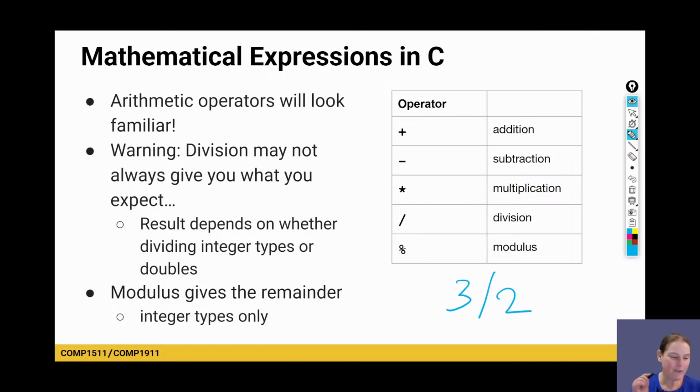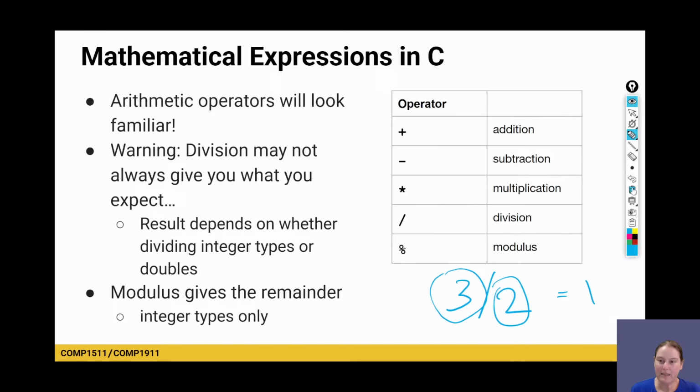In C, if I do 3 over 2, I get 1. Why do I get that? Well, if I'm dividing an integer by another integer, it does integer division. When we've got integers, there is no fractional component, so an integer divided by an integer will always give us an integer. It doesn't round, it just chops off the fractional part. This can cause a lot of confusion if you don't know it or if you forget about it.